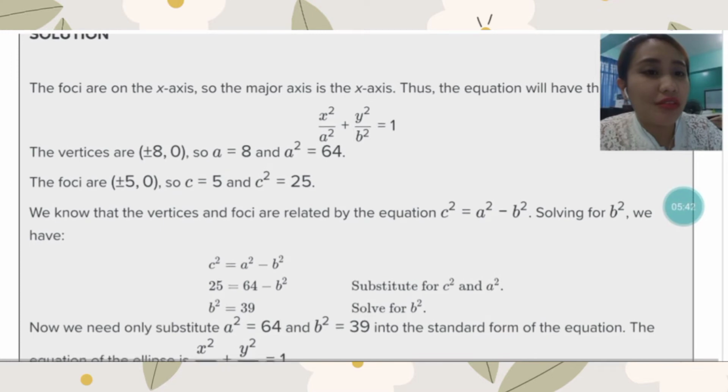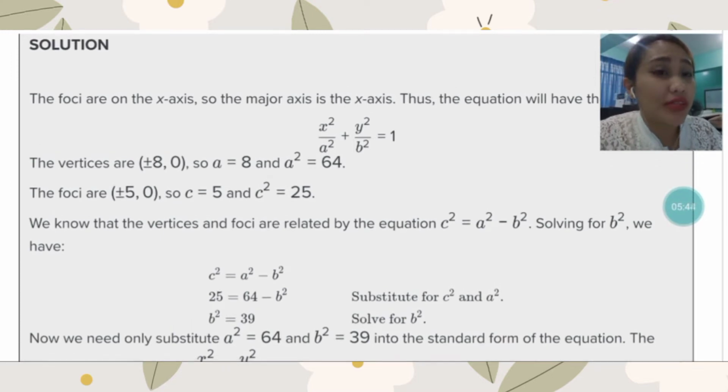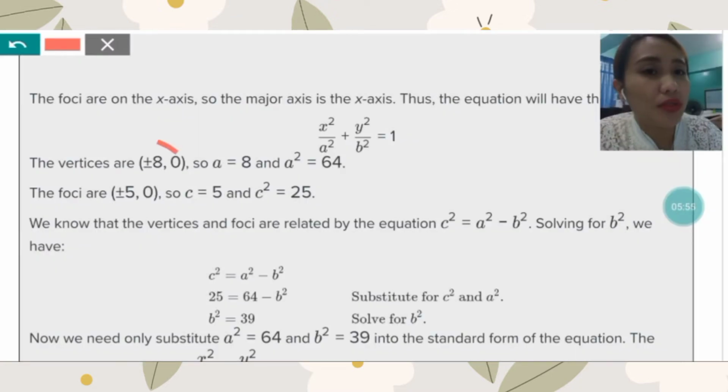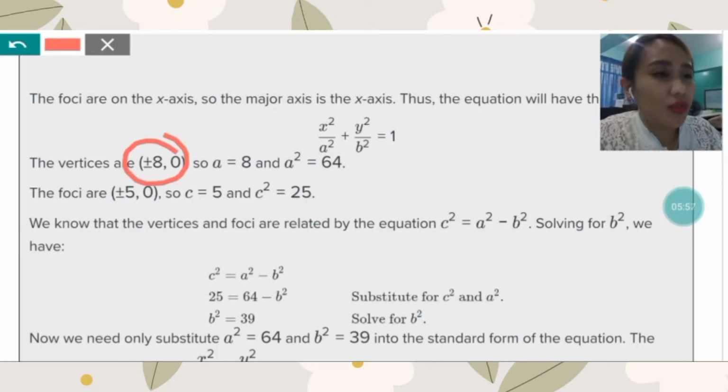So the vertices are positive negative 8, 0. So a is equal to 8 and a squared is equal to 64. To the right side it's positive, to the left side that's negative, but irregardless, we know that a is 8, and if we square that, that results to 64.